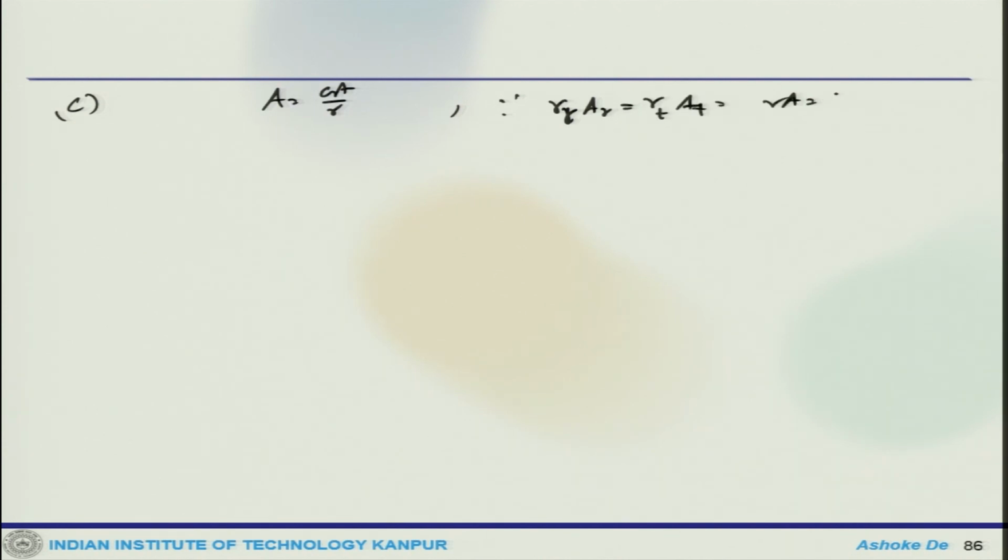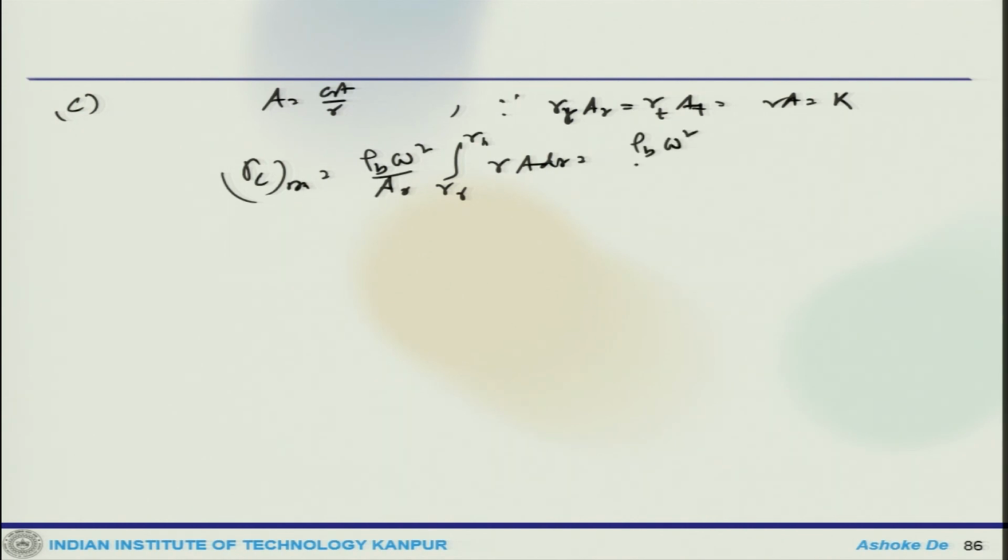So, r A would be k, then my sigma c max would be rho b omega square by A, integral from r hub to r t of r A dr, which is rho b omega square k by A, integral from r hub to r t of dr. So, this would be rho b u square, xi minus xi square.